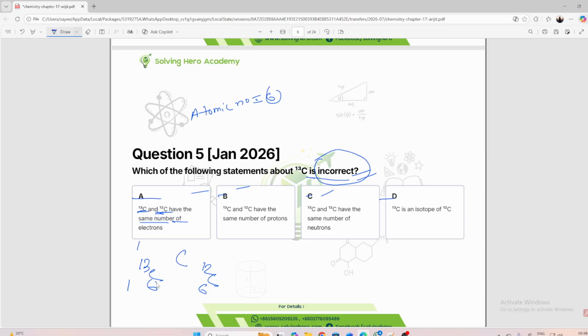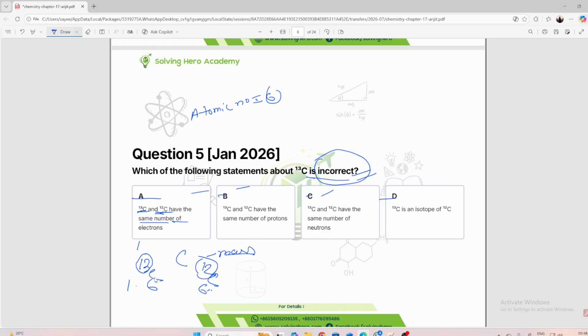So the atomic number is written under the symbol C. This one has mass 13, this one has mass 12. Am I clear? This carbon's mass is 12, this carbon's mass is 13.